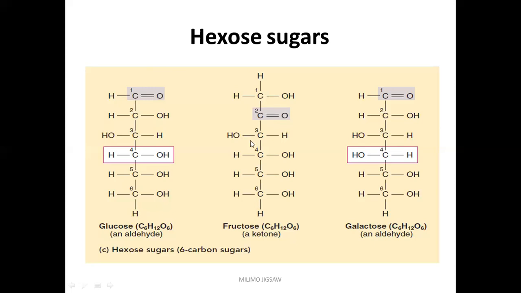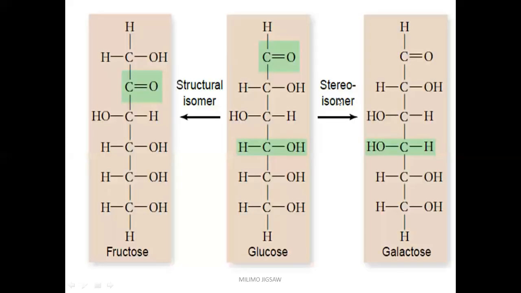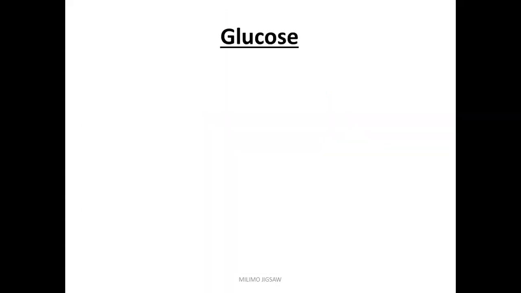One is an aldose, the other one is a ketose. So you're right. Glucose and galactose are stereoisomers, while fructose and glucose are structural isomers. Thank you for that. Okay.